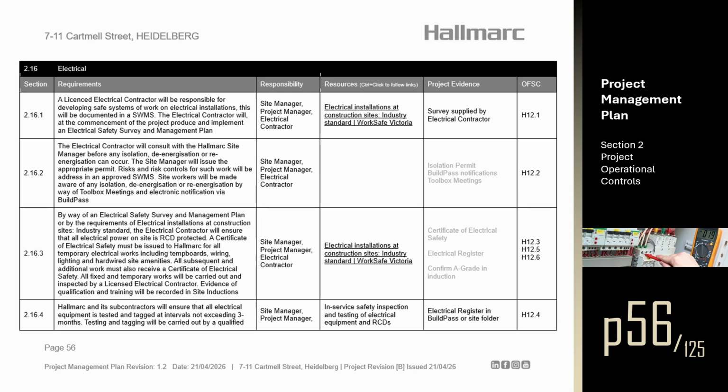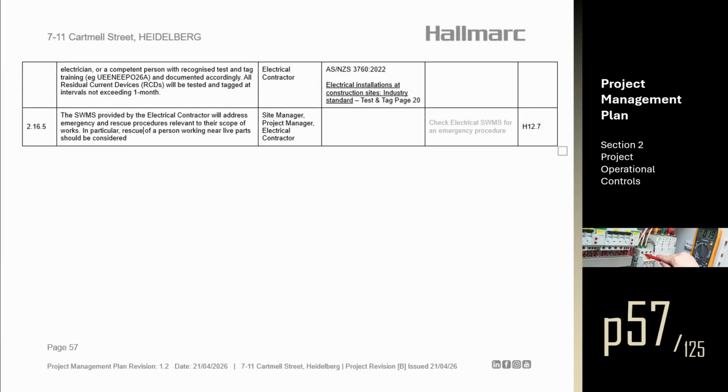All residual current devices, RCDs, will be tested and tagged at intervals not exceeding 1 month. Section 2.16.5. The SWIMS provided by the electrical contractor will address emergency and rescue procedures relevant to their scope of works. In particular, rescue of a person working near live parts should be considered.